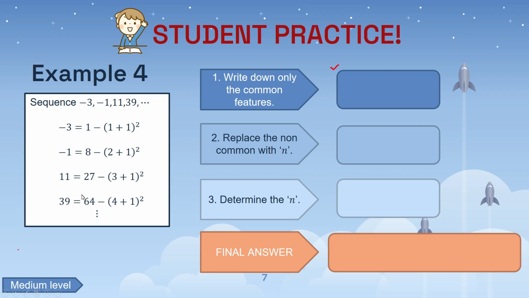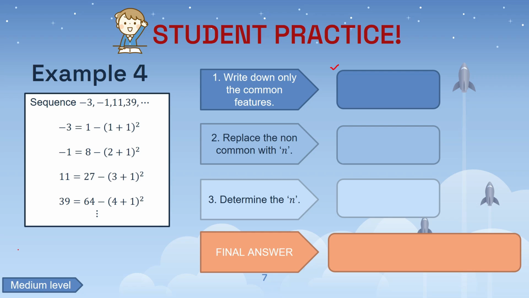Then n equals 1, 2, 3, 4 and so on, with the 3 dots. Okay, you must put down the 3 dots.